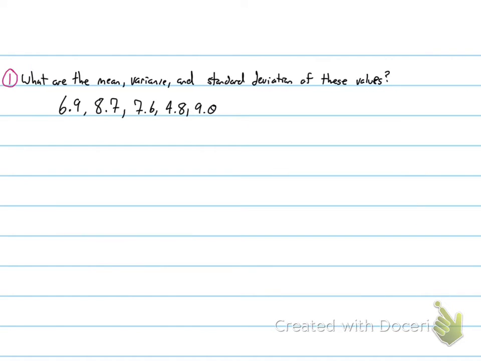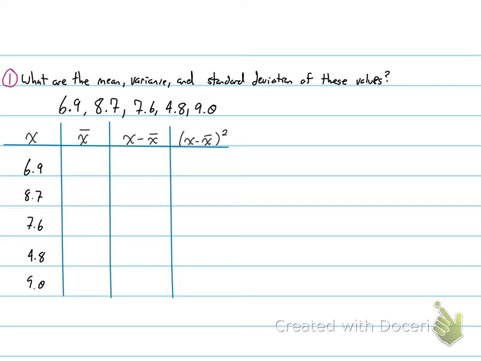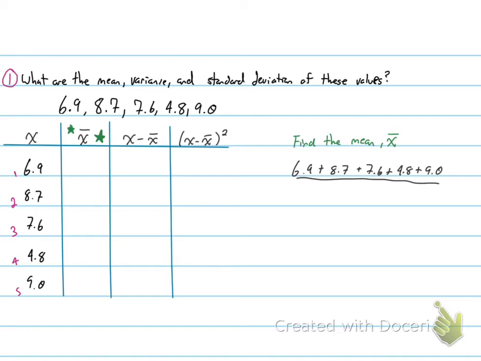So let's figure out what the mean, variance, and standard deviation are of these random values. To make this a little bit easier, we can make a table to organize our data. First, in that second column, we're going to find the mean, or the average. We're just going to add up all of these values and divide by 5, because we have 5 values. And we get 7.4.